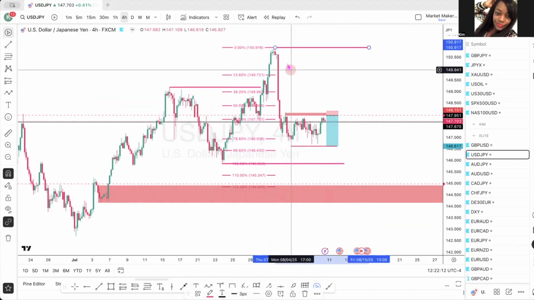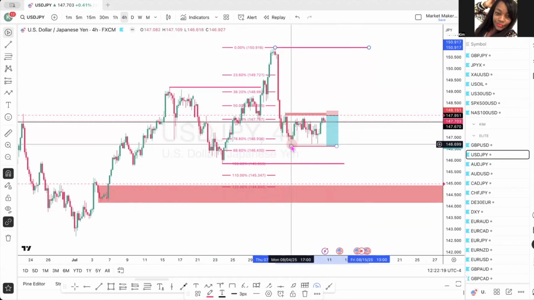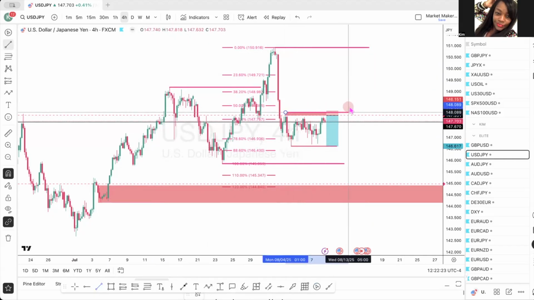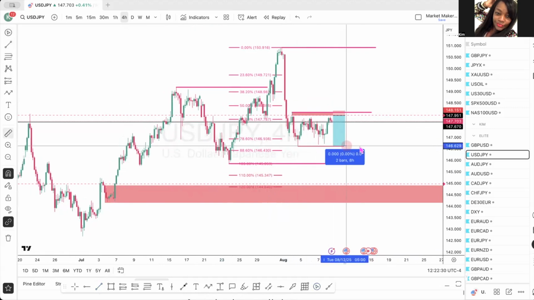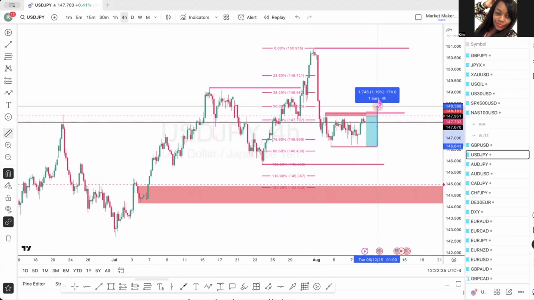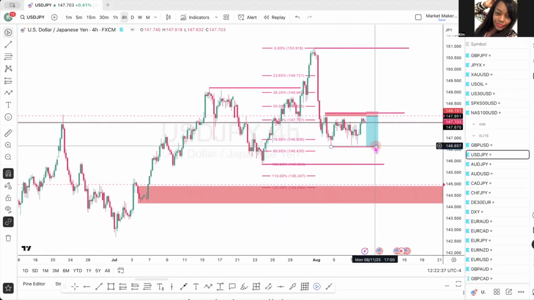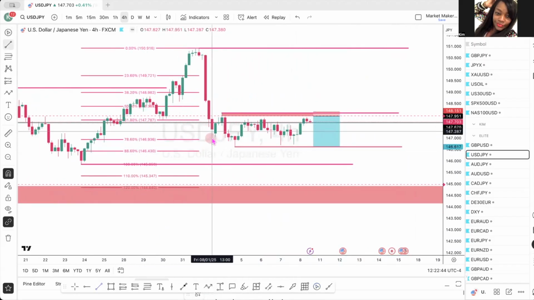Okay, so now price sold, and then it pulled back and sold again. So now you have this internal swing high here, this internal swing low here, which I already have a line there. And you have this break of structure right here, right?